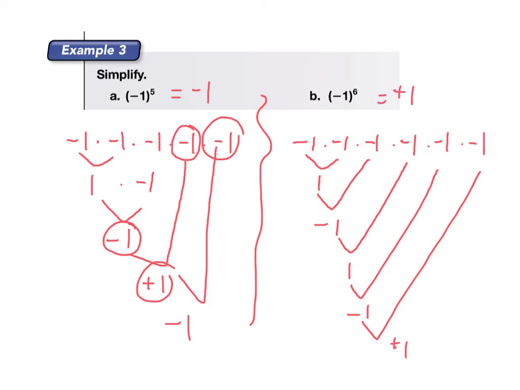So now let me summarize this particular rule for you. If you have a negative number that you're raising to a power, and the power that it's raising it to is odd, so you have an odd power and you're raising a negative number, the answer will always be negative.